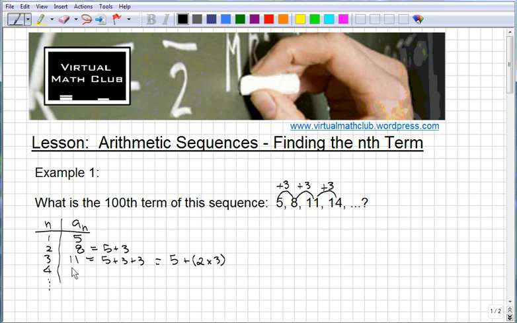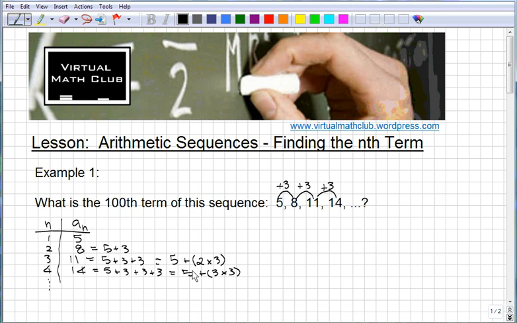Next number is 14, and that's just equal to 5 plus 3 plus 3 plus 3. We're just adding another 3 every time. So that's equal to 5 plus 3 times 3.